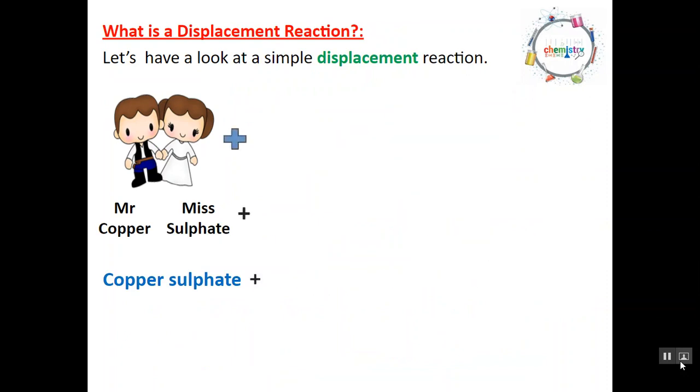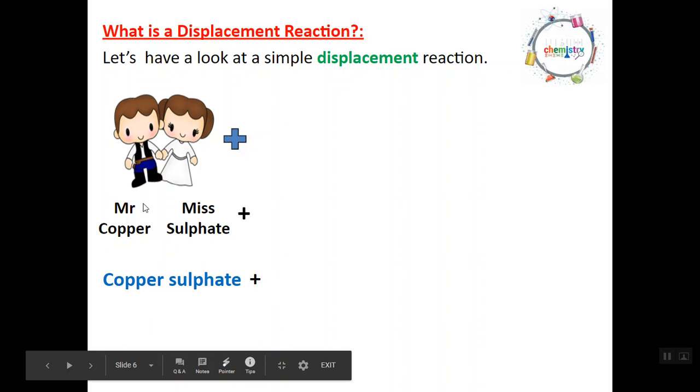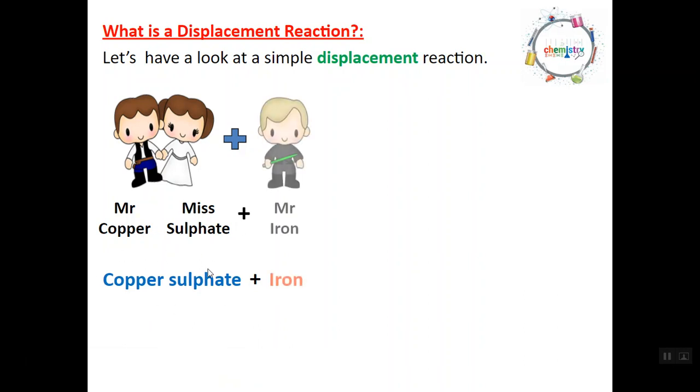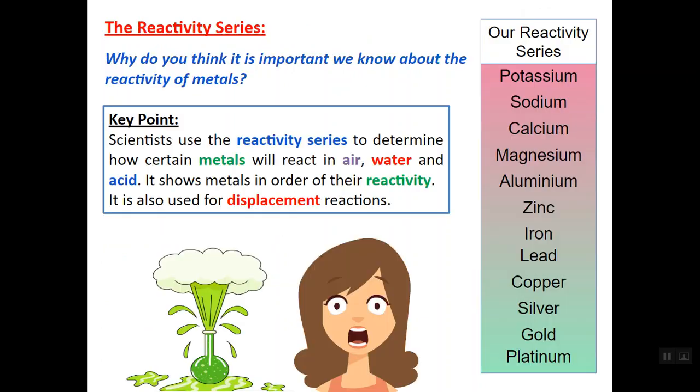We've got Mr. Copper plus Mrs. Sulfate makes copper sulfate. Copper sulfate is a compound, so they go around together and hold hands and they're in love and everything's cushy. Then along comes Mr. Iron. If you go back to the reactivity series, iron is above copper. What that means is iron can take whatever copper has.